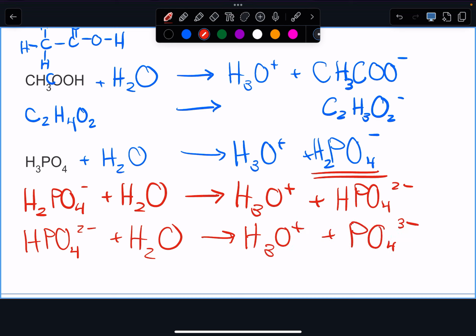So it's less and less important. But in a small way, they do contribute to the hydronium ion concentration, which, like we said, is what defines something as being acidic. So if you have more hydronium ion because you donated more protons, then it's going to be more acidic.